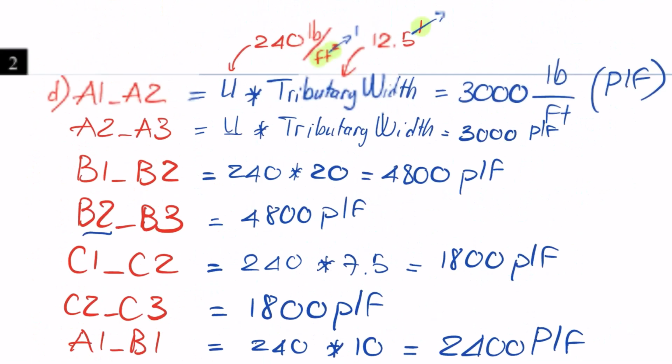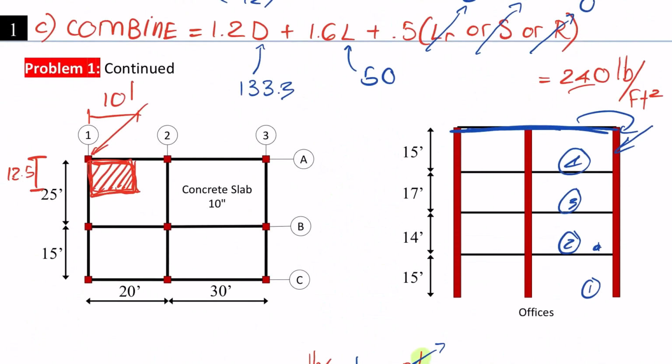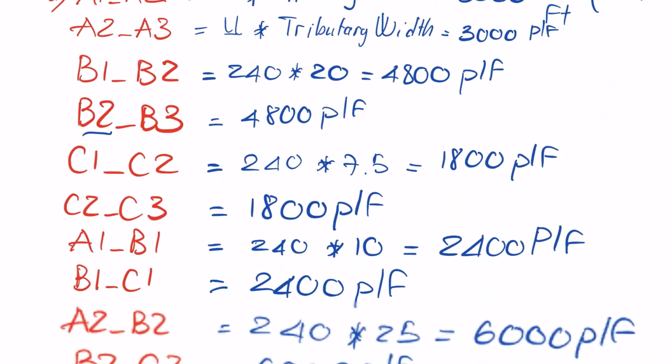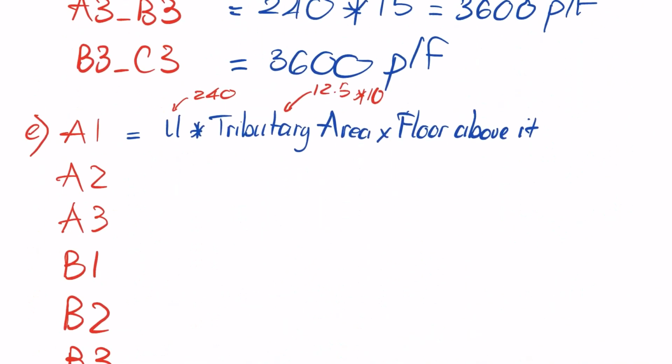And the floor above it, like I mentioned previously, this one is the column on the top floor, so only one floor above it, so I can replace it over here with just 1. So the value over here will equal 240 multiplied by 12.5 multiplied by 10 multiplied by 1.